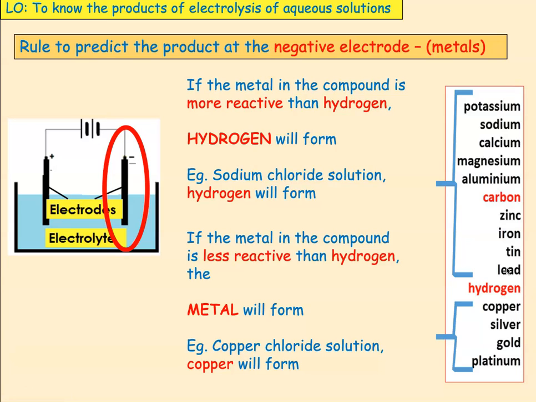So hydrogen will be made. Any above hydrogen, if they are in the ionic compound, you will make hydrogen. However, if the metal in the compound is less reactive than hydrogen, you will make the metal. So any of these four, if they are like copper chloride, you are going to make copper instead of hydrogen. So copper's easier to make than hydrogen.